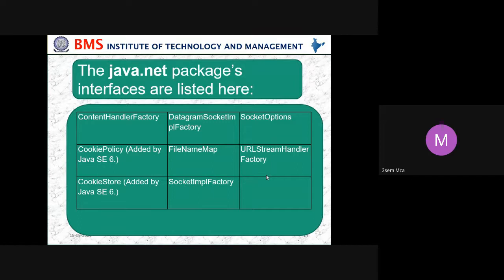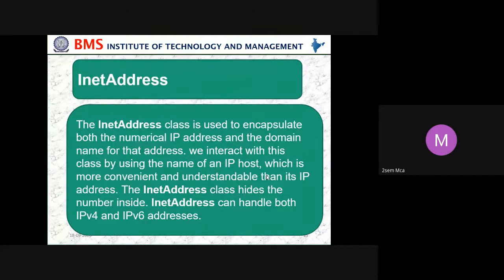You just give the destination and it will show you exactly where it is. If it is not there, you may want to add it. There is an option for FileNameMap, so you can map. That's the mapping; all these are interfaces. The next one is address. Now I want to know the address of BMSIT college.